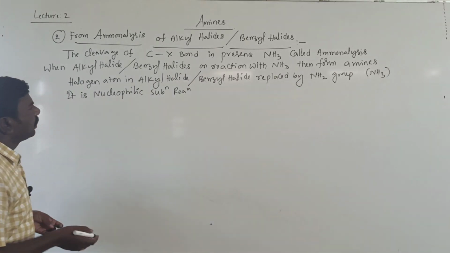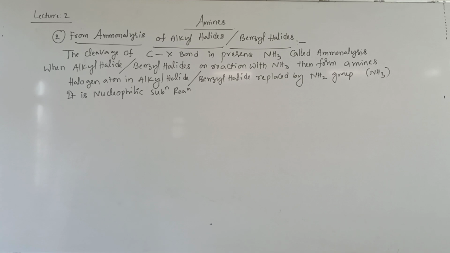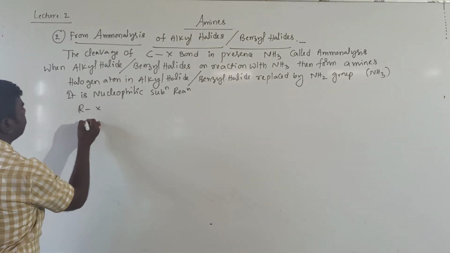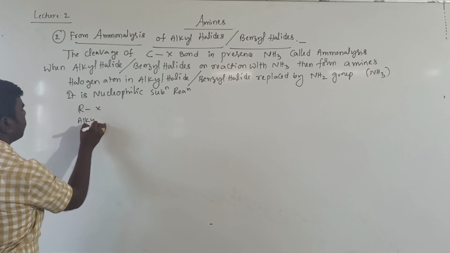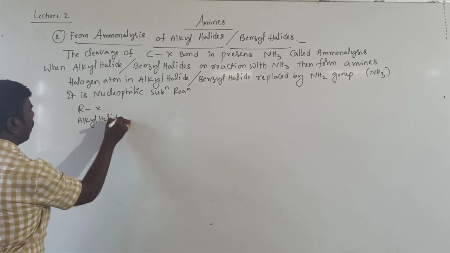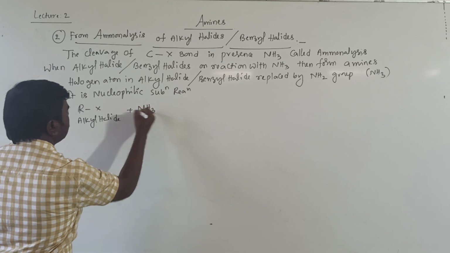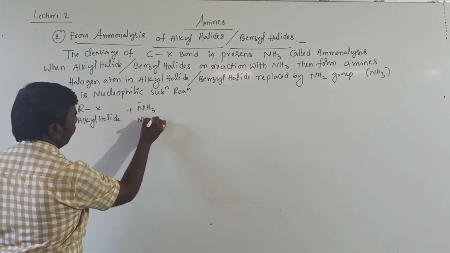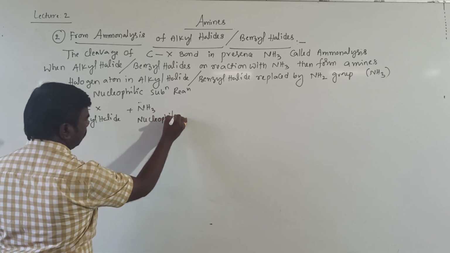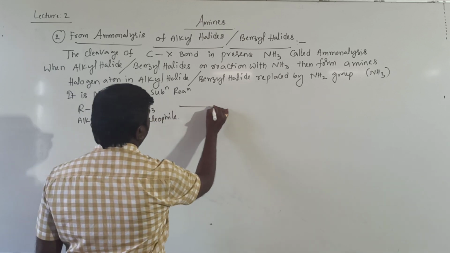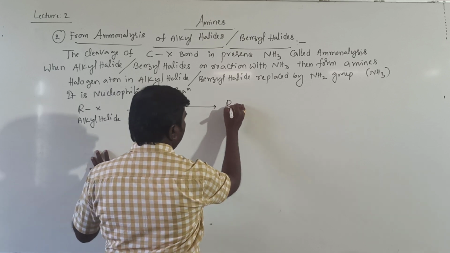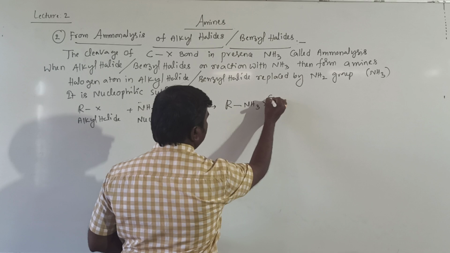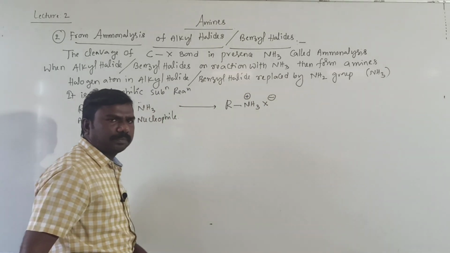Example. So now the reaction is RX, alkyl halide, treated with NH3, which is acting as a nucleophile. Then it forms RNH3+ X−.